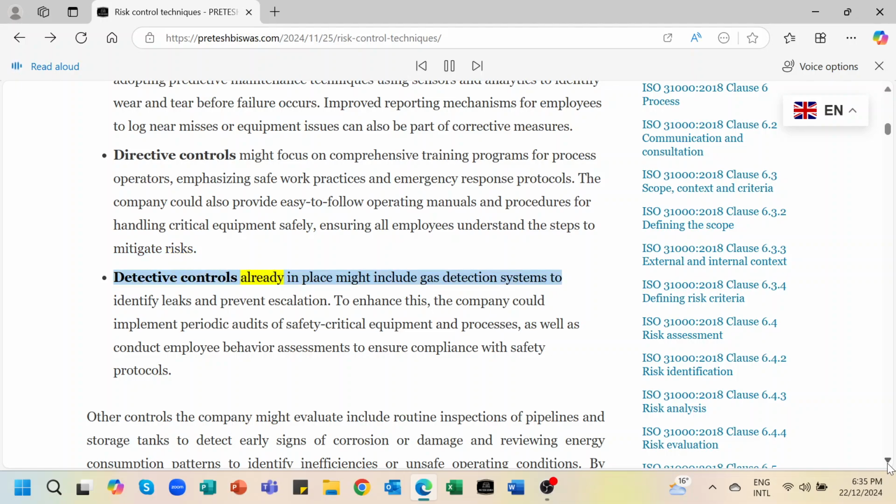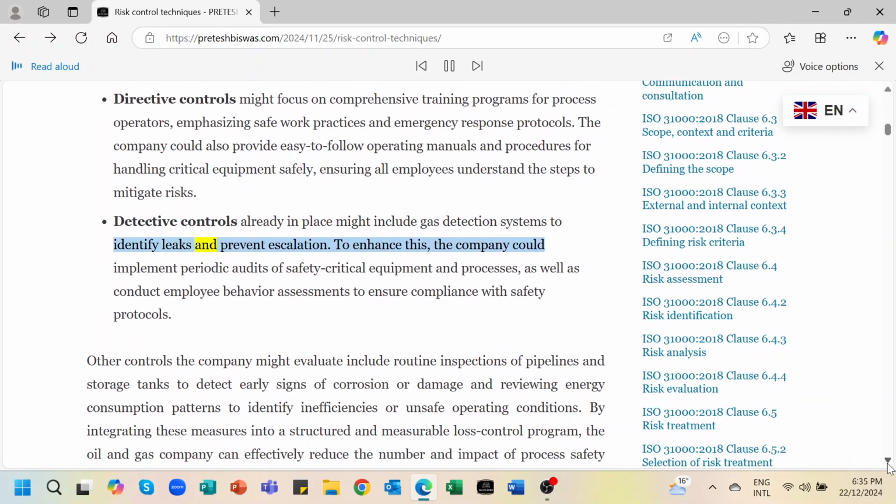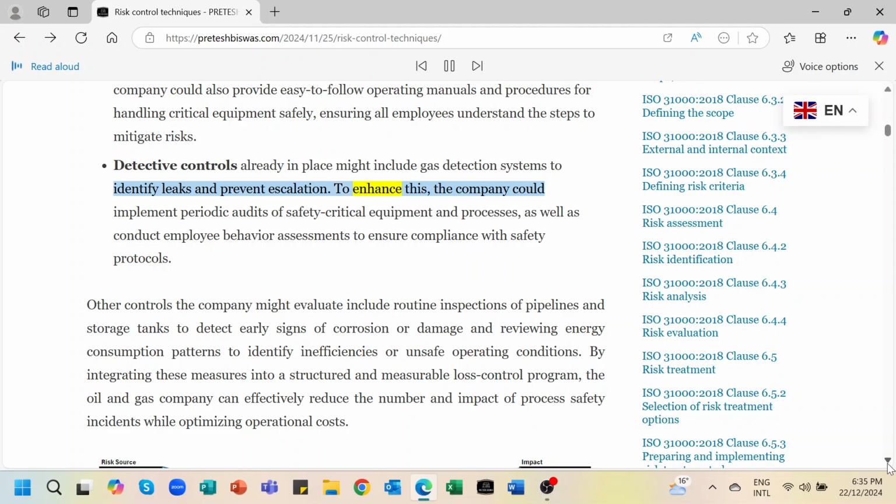Detective controls already in place might include gas detection systems to identify leaks and prevent escalation. To enhance this, the company could implement periodic audits of safety-critical equipment and processes, as well as conduct employee behavior assessments to ensure compliance with safety protocols.